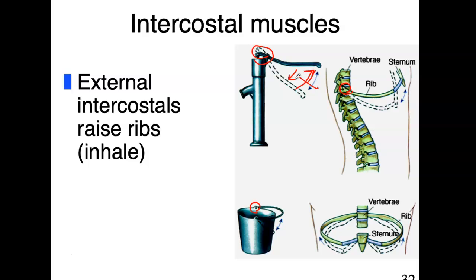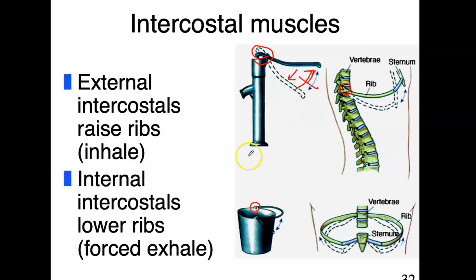I can also force it, however. So the internal intercostals can lower the ribs when you force your exhale, and I can blow out. I can do that on purpose. Mostly when you're breathing normally, just watching this video right now, you're not forcing that. It's just exhaling because you have released the external intercostals.